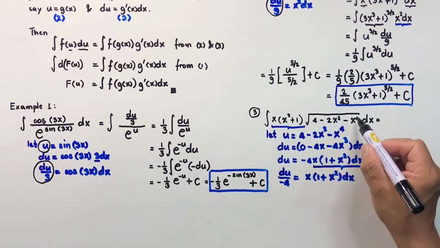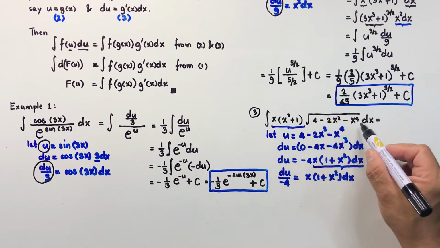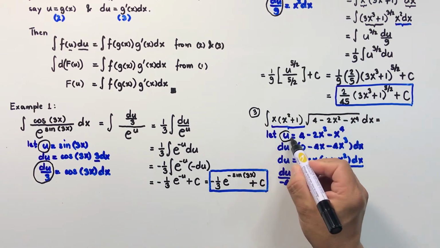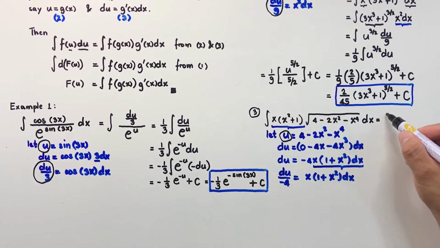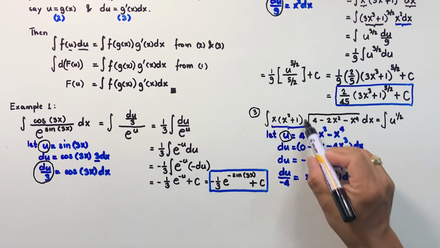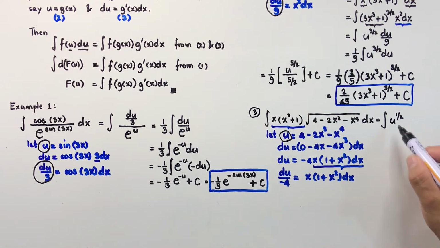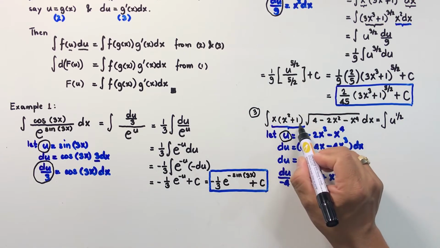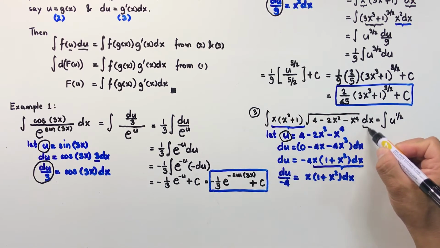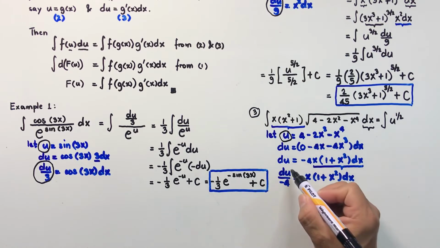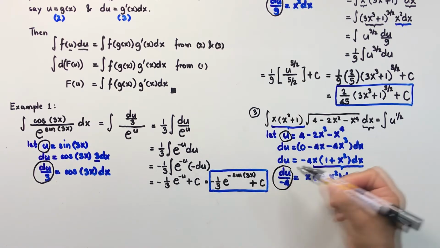Now, rewriting this radicand, which is our u, we have the integral of u to the power of 1/2, because the square root can be expressed as the power of 1/2. And this x times (x squared plus 1) together with this dx is our du over negative 4.